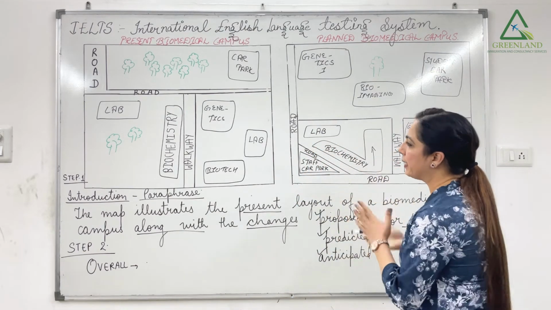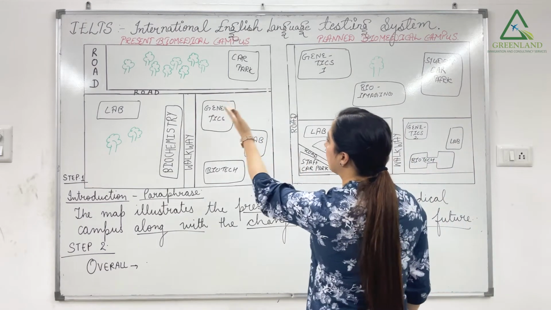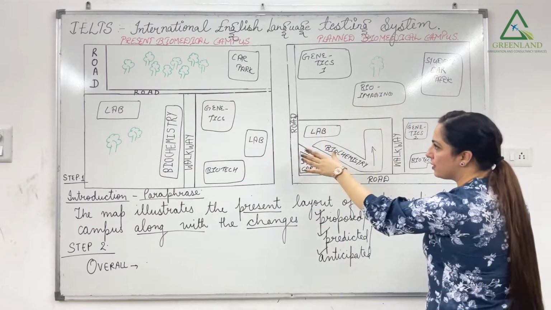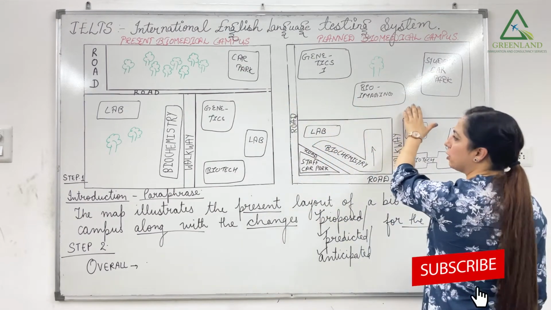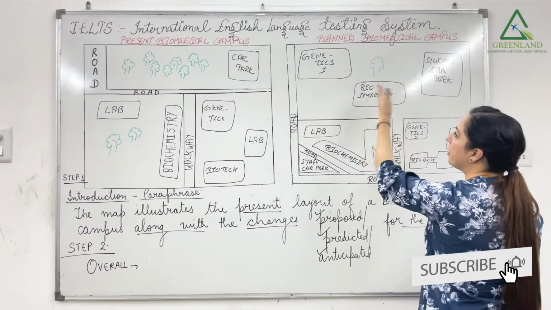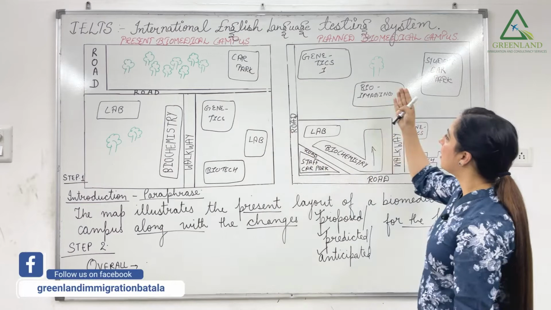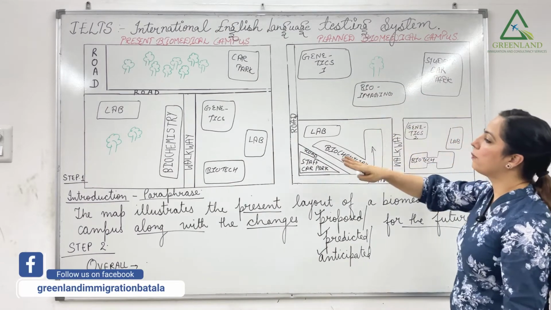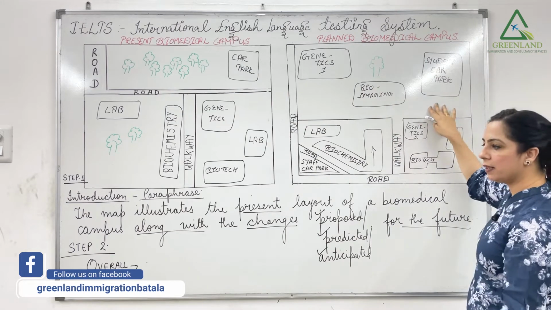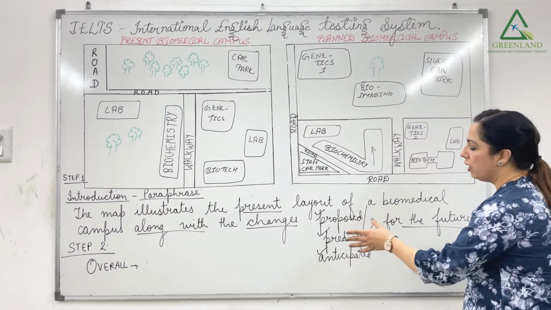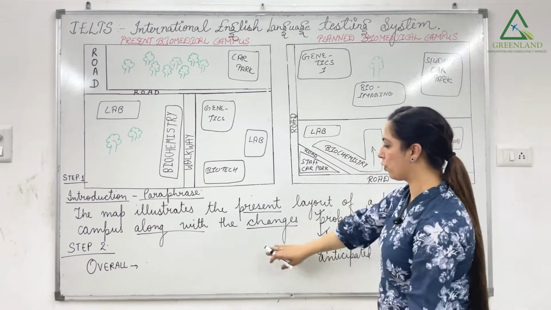So what can we write for an overall is: greenery is almost lost, or it is predicted that new departments will be built in the northern part of the campus and greenery would be lost. And another thing is the number of departments is predicted to increase in the plant biomedical campus. That is the overall, because the major or general changes which you have to mention here in the overall are these only.